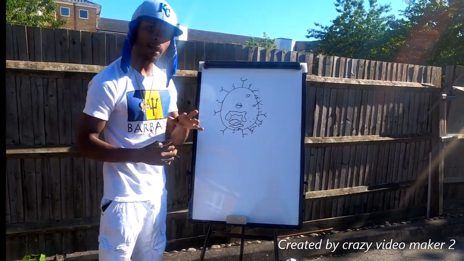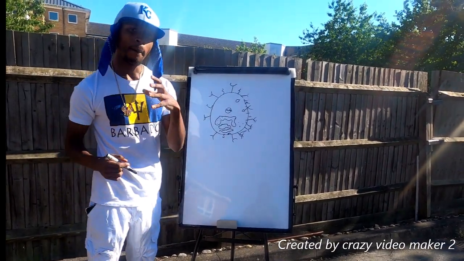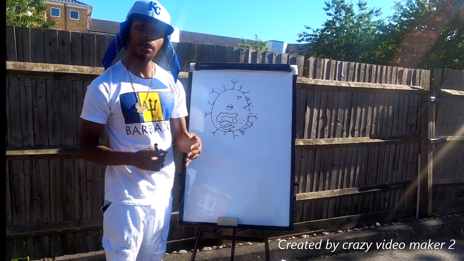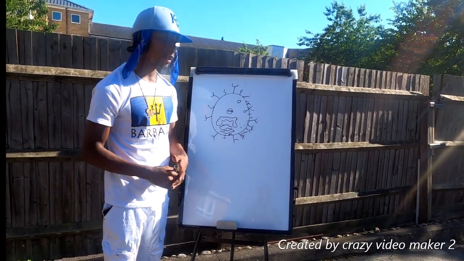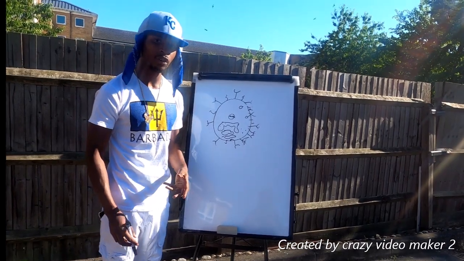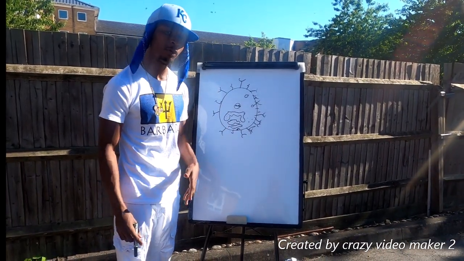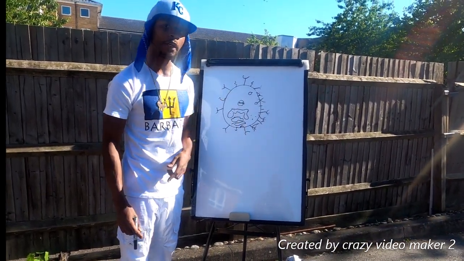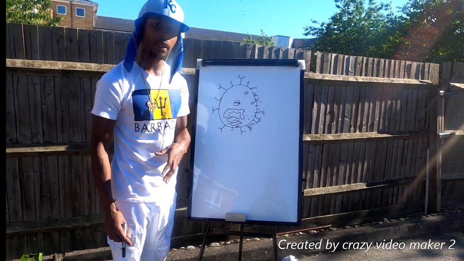You have 3 types of RNA: mRNA, tRNA, and rRNA. mRNA is messenger RNA, tRNA is transfer RNA, and rRNA is ribosomal RNA.